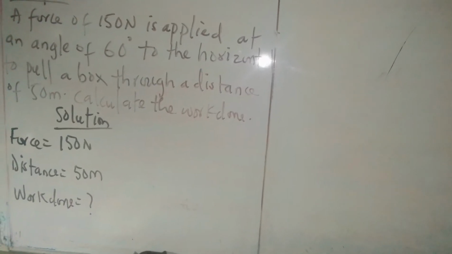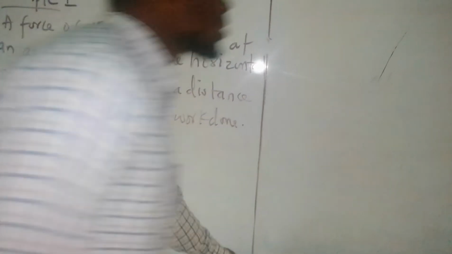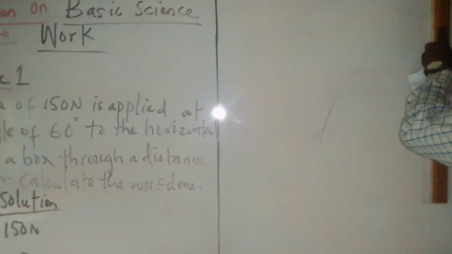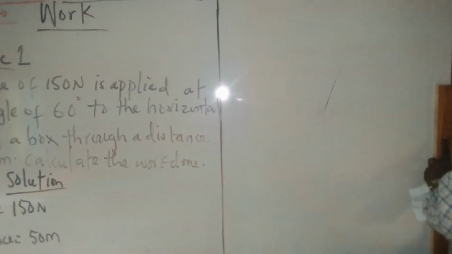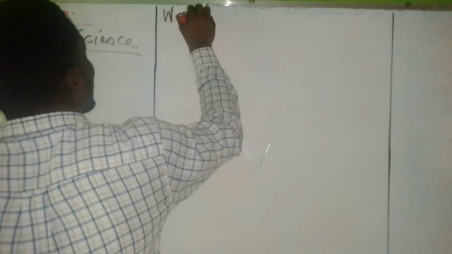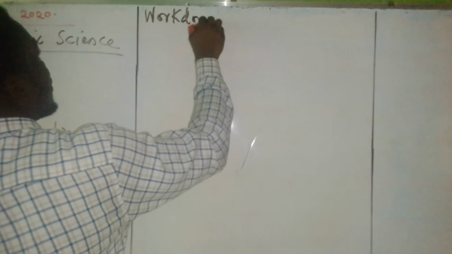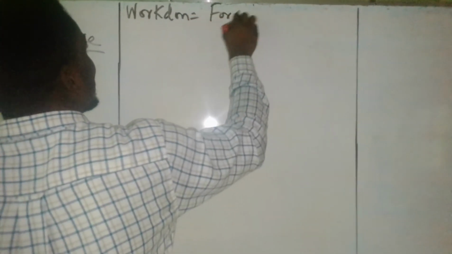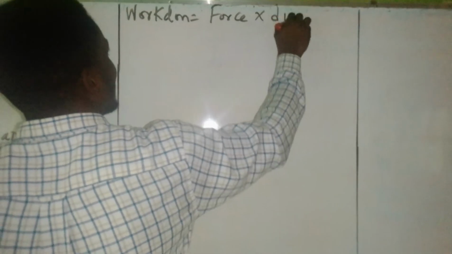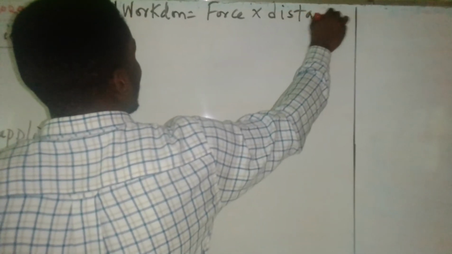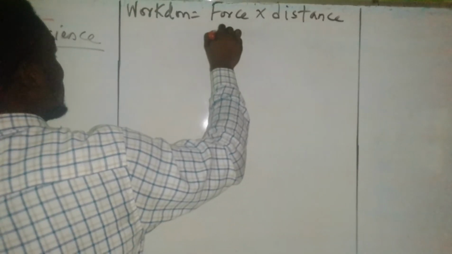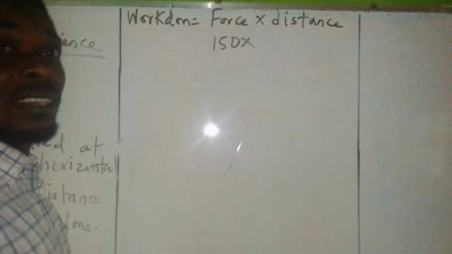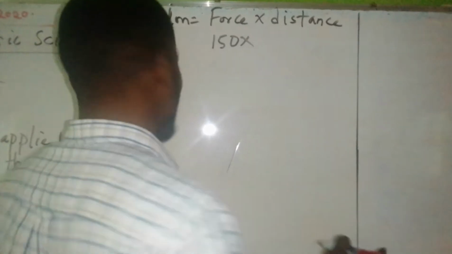Applying our formula, we know that work done equals force times distance. What's our force here? 150 times what's the distance? Hope you understand what I'm doing. It's quite simple.